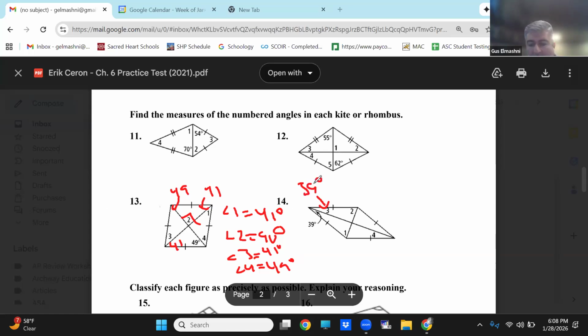That's 39 degrees. These are right angles. What's angle two going to be? 51.